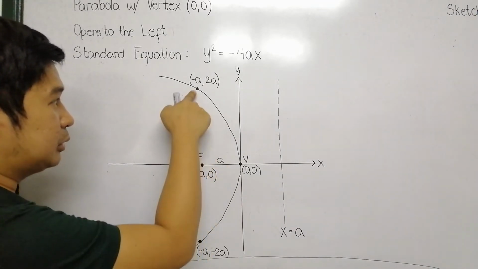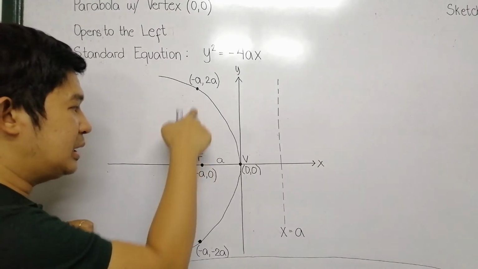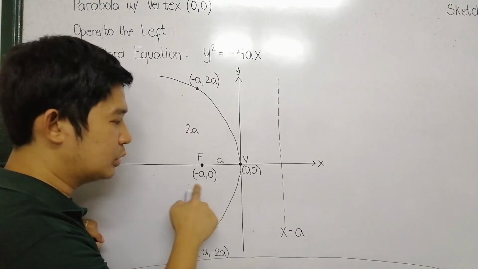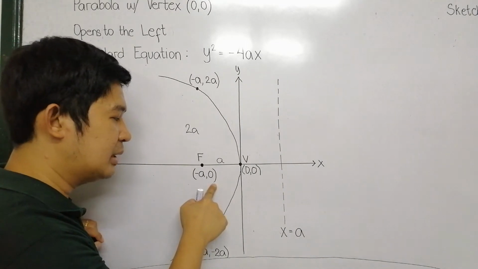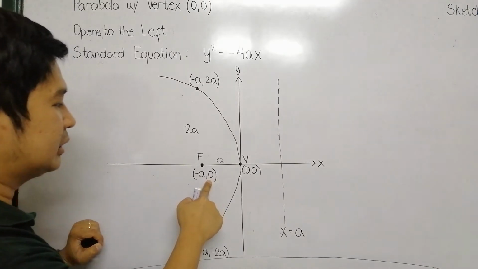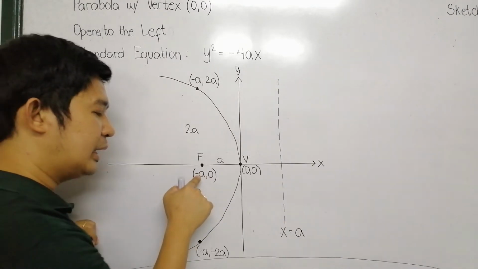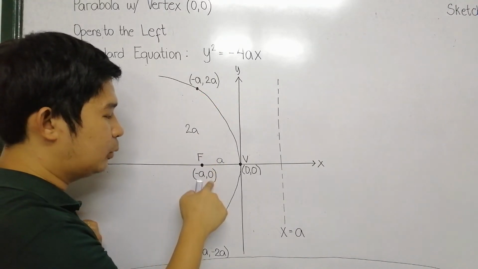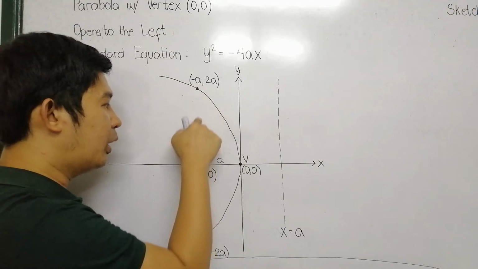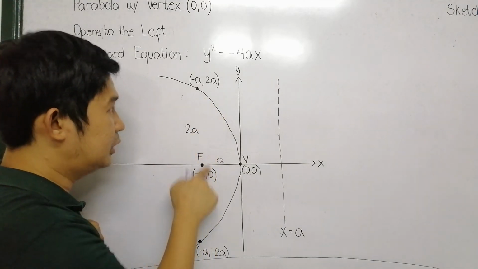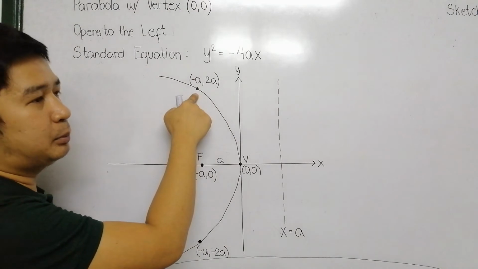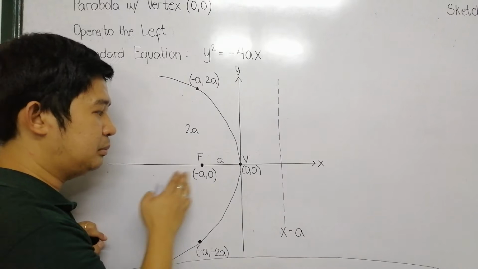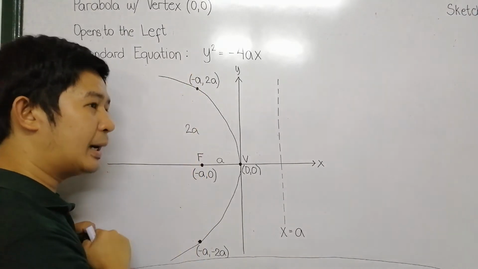Since from focus up to this endpoint, the movement will be vertically upward, from the coordinates of our focus, the one that will change this time is its y coordinate. So the x coordinate remains the same. The only one that will change is the y coordinate. So since we move upward by 2a units, the coordinates of this endpoint of the latus rectum will become negative a, 2a. Positive because the movement is vertically upward.